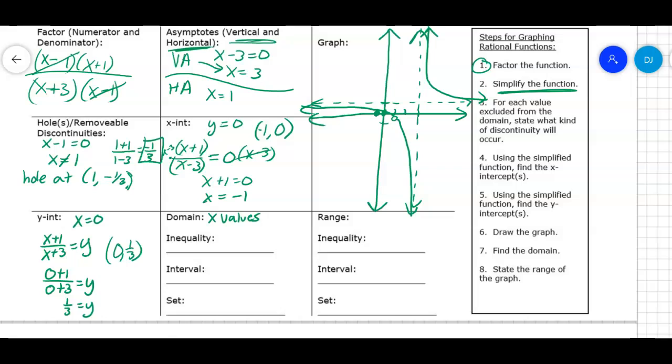So it's all x values except for when x cannot equal positive 1, or in this case, positive 3.